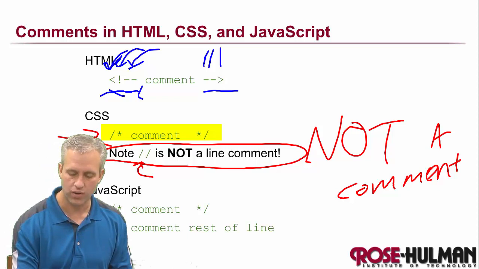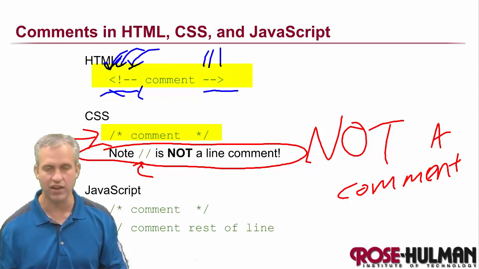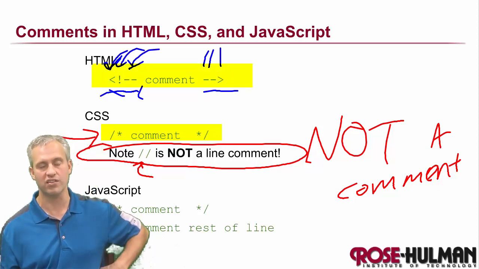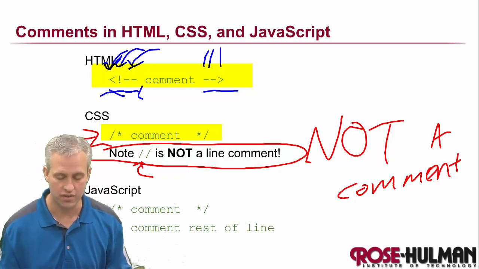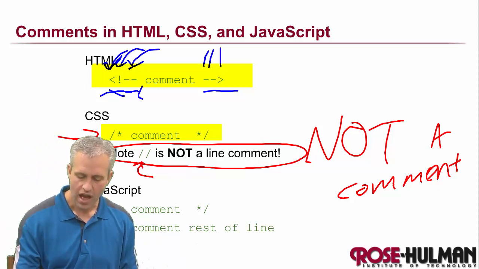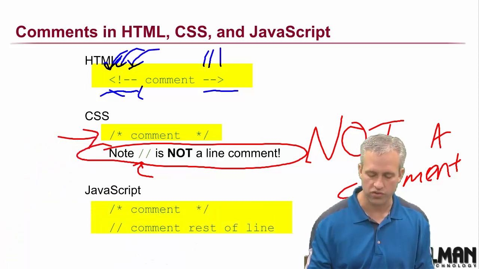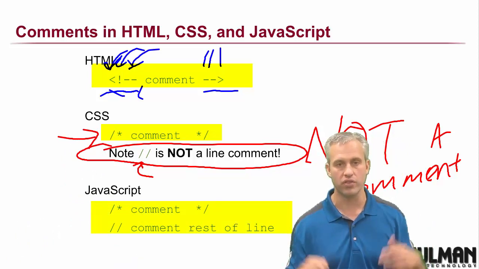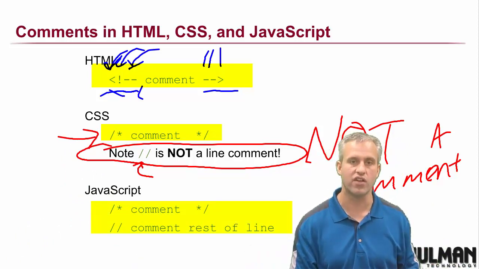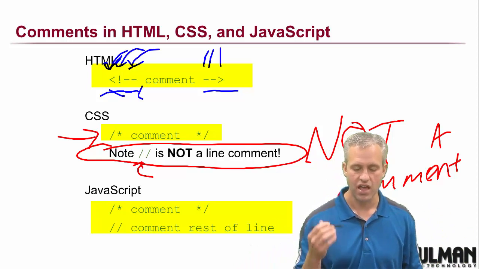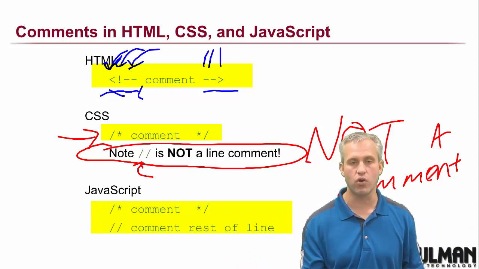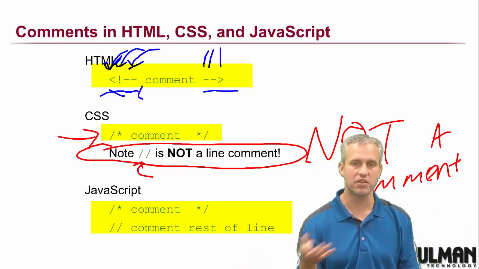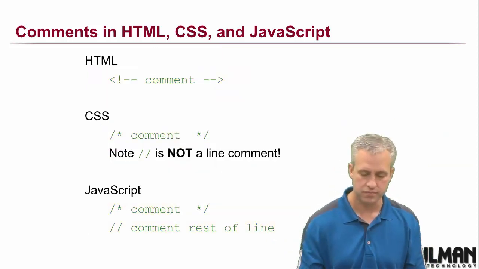It's honestly the craziest comment of any computer programming language I've ever seen. It's just how it works. No biggie. JavaScript is the only one that works the way you think, right? It works with /* or //, very C-like. I just wanted to mention how comments worked. I didn't really know how to fit it in, but this seemed like as good a place as any.